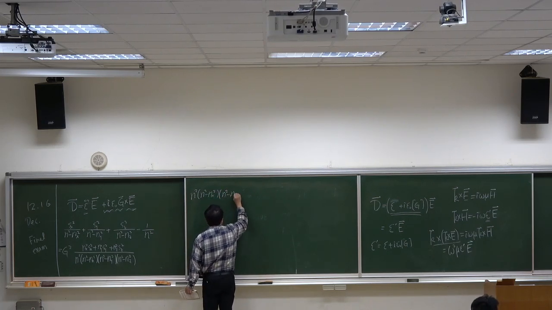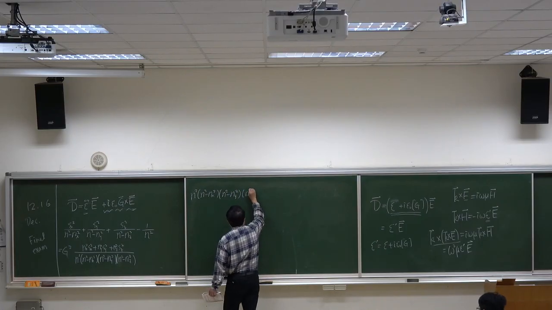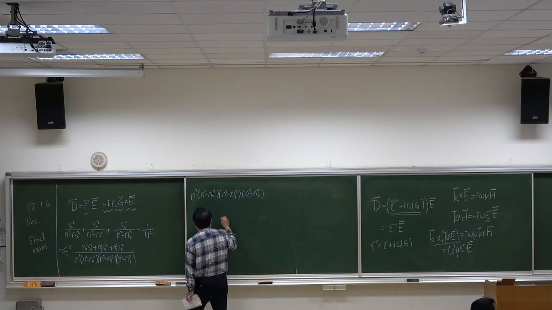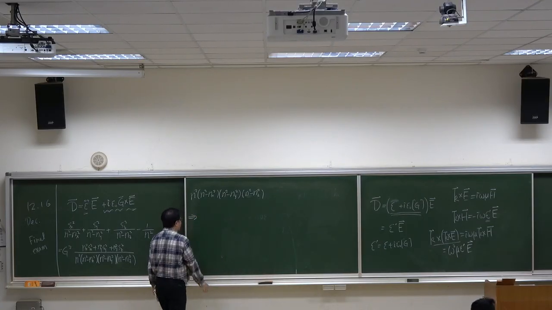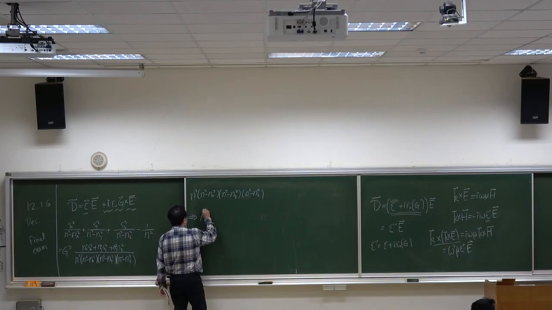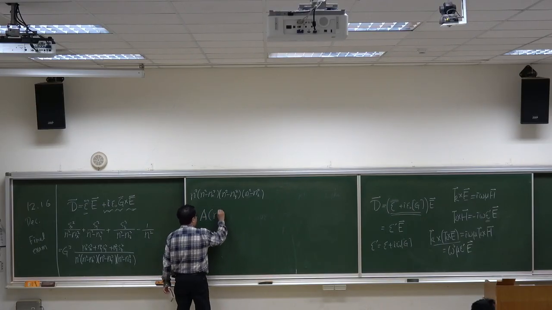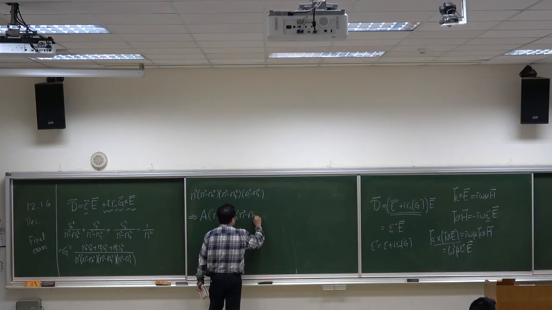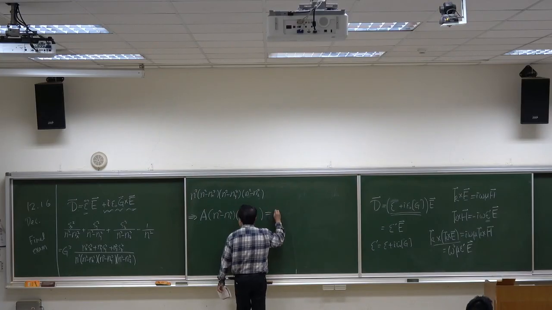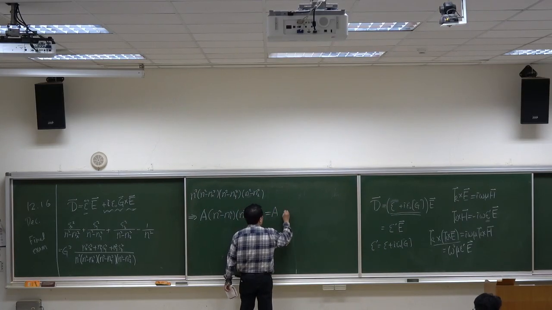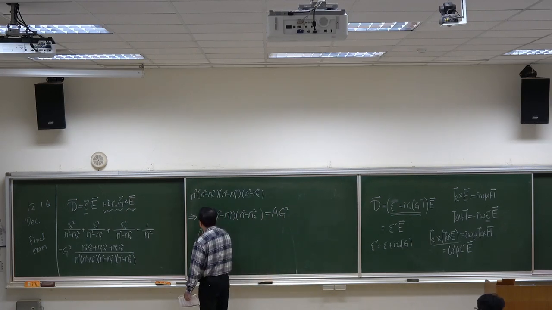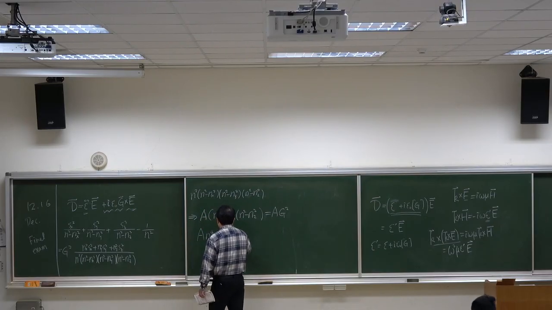I multiply this factor to this equation, and then I can find this result: A times n squared minus n1 squared times n squared minus n2 squared is equal to A times g squared. Here this A is just the leading coefficient of this equation.